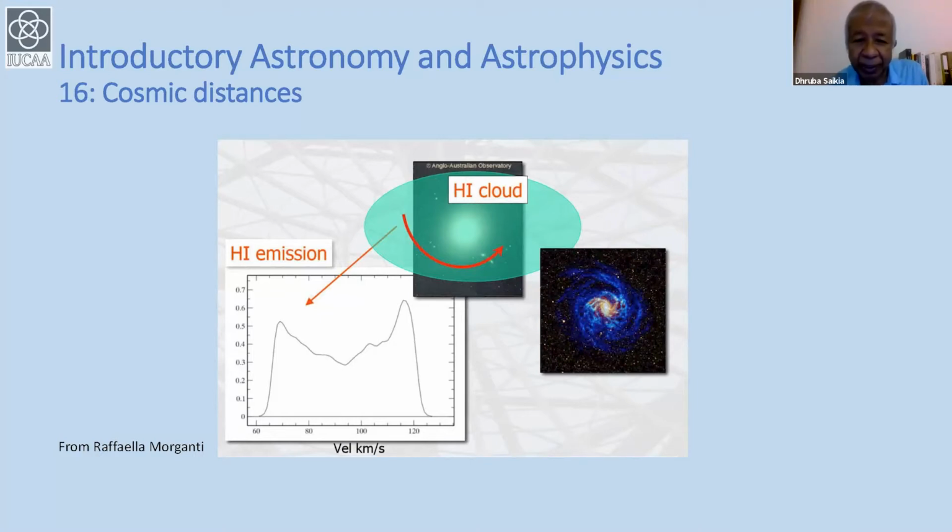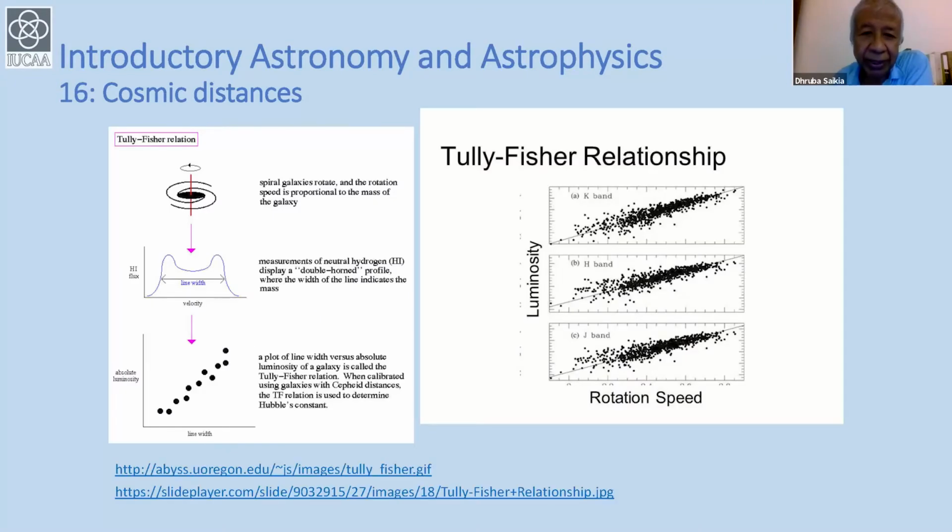So if you took a spectrum of the galaxy, even a single dish spectrum of atomic hydrogen, you can calculate the luminosity of the object by looking at the H1 spectra. So all you need is to take an H1 spectrum. The H1 spectrum will tell you how fast it is rotating. And from that velocity, you can estimate what its intrinsic luminosity is.